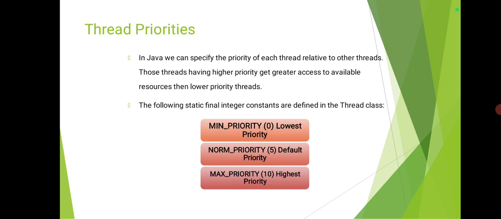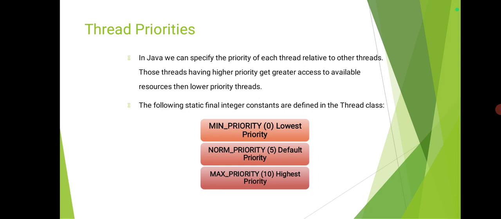Okay, now we are in thread priority. Priority means if I want to set the execution one after another, in this scenario we need to use the concept of priority for the execution of programs. Each thread has a priority, that means each program has a priority.